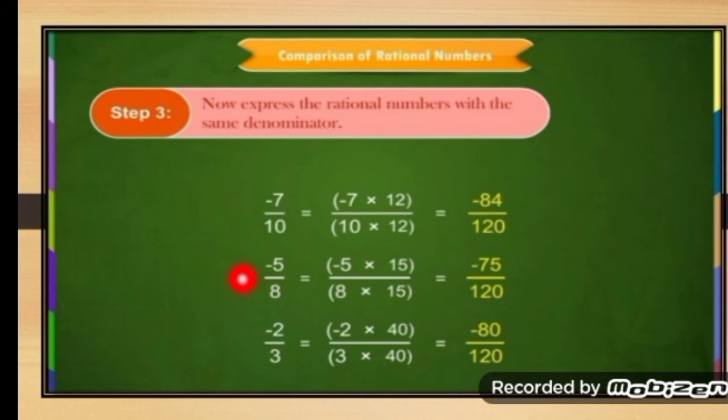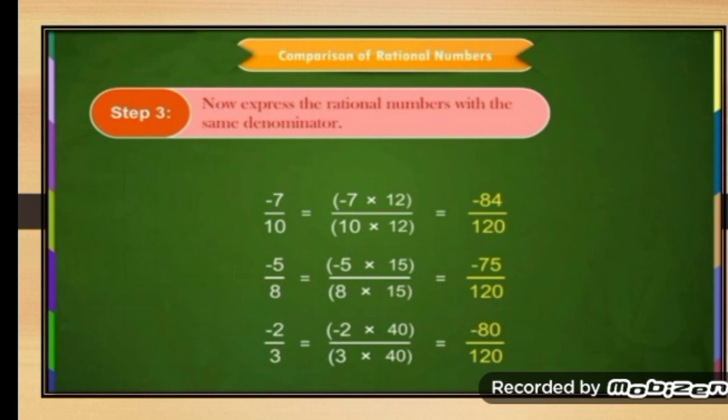Next rational number is minus 5 by 8. To make 8 equal to 120, we will multiply it by 15. Similarly, we will multiply minus 5 by 15 also. After multiplying both numerator and denominator by 15, we get minus 75 by 120.